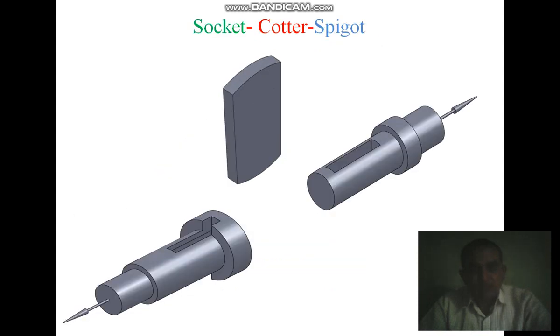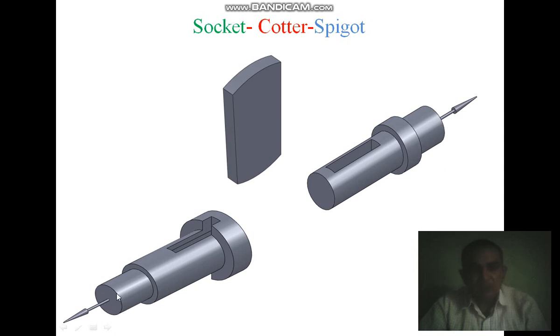A cotter joint has three basic elements. The part indicated by the cursor is the socket, the middle part is called the cotter, and this end part is called the spigot. These two ends, the spigot and the socket, are connected to the rod or extension member.